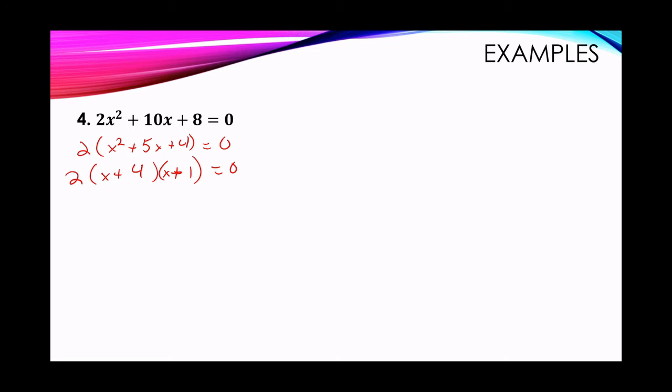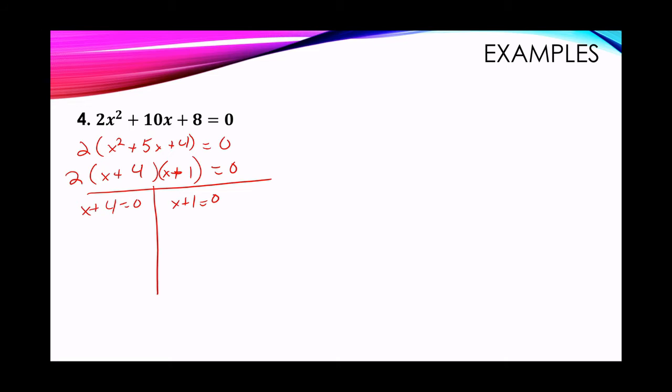When I'm looking at this, you're maybe asking, well, what do I do with that 2? You're just ignoring it right now, because anything that sets anything inside the parentheses to 0, that's going to be our solution. So x plus 4 equals 0. x plus 1 equals 0.